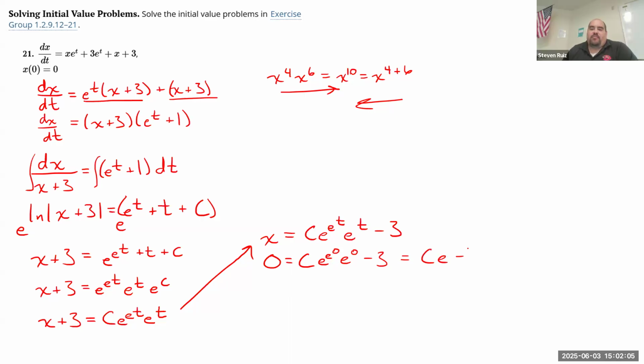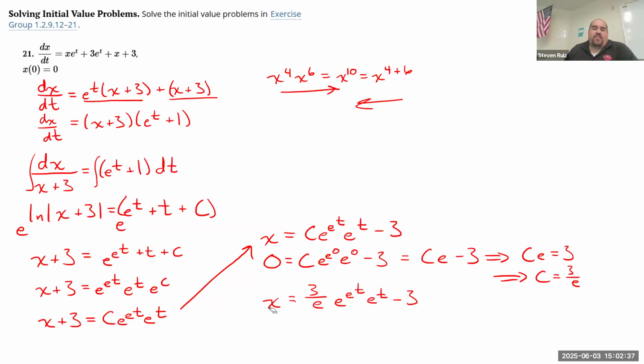So ce minus 3. So ce equals 3. c equals 3 over e. So finally, x equals 3 over e times e to the t, e to the t minus 3.